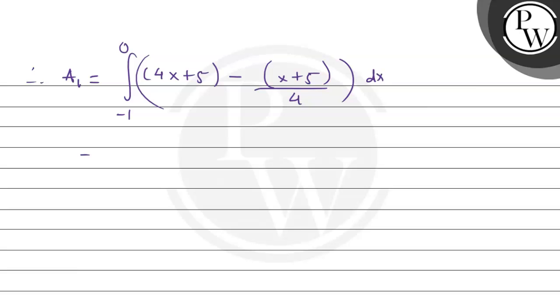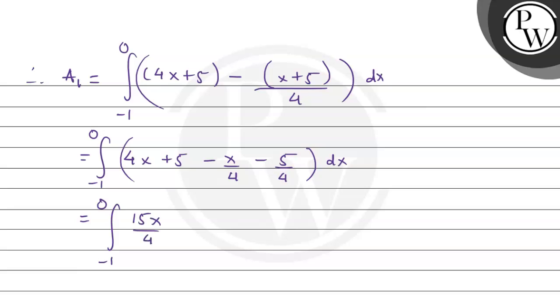Simplifying, this is the integral from minus 1 to 0 of 4x plus 5 minus x by 4 minus 5 by 4, dx, which is the integral of 15x by 4 plus 15 by 4 dx.